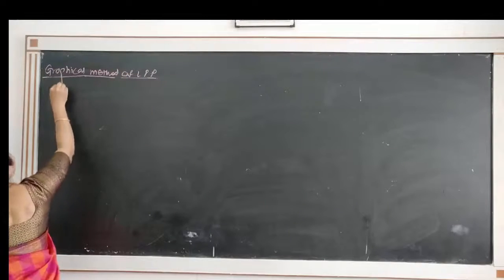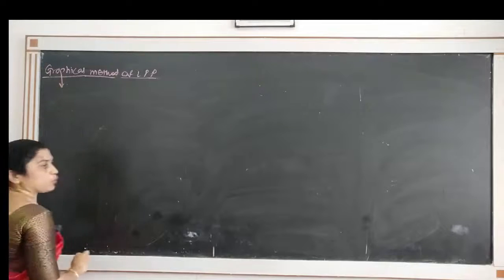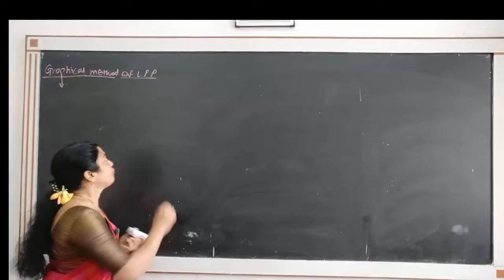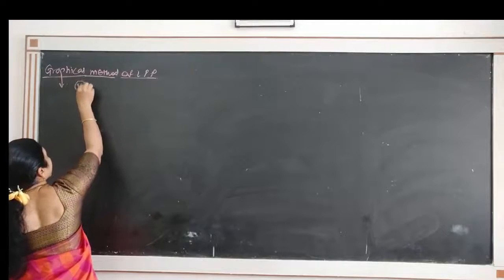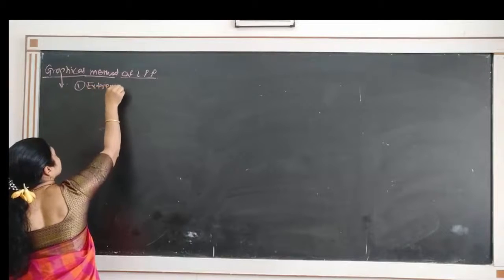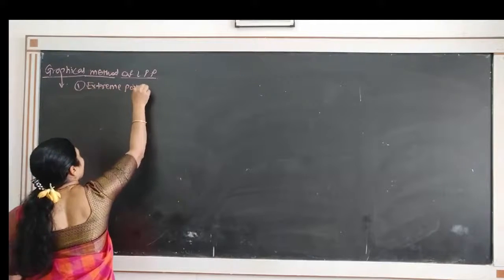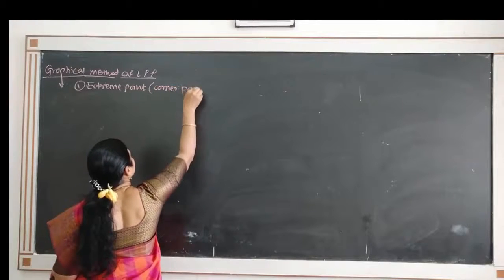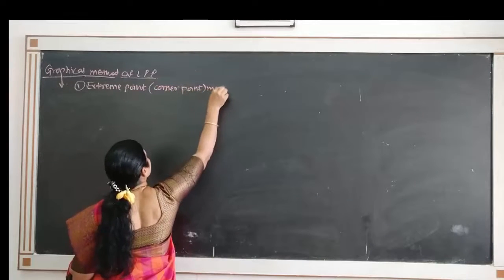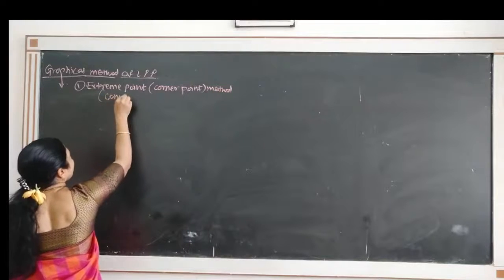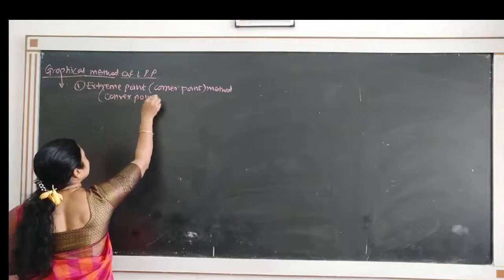There are two graphical approaches to find the solution of a linear programming problem. The first is known as the extreme point or corner point method, which depends on the convex polygon theorem.